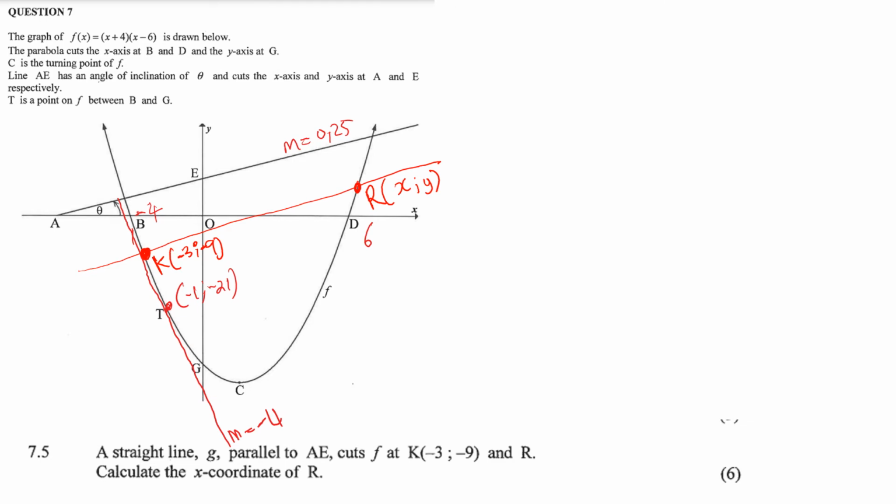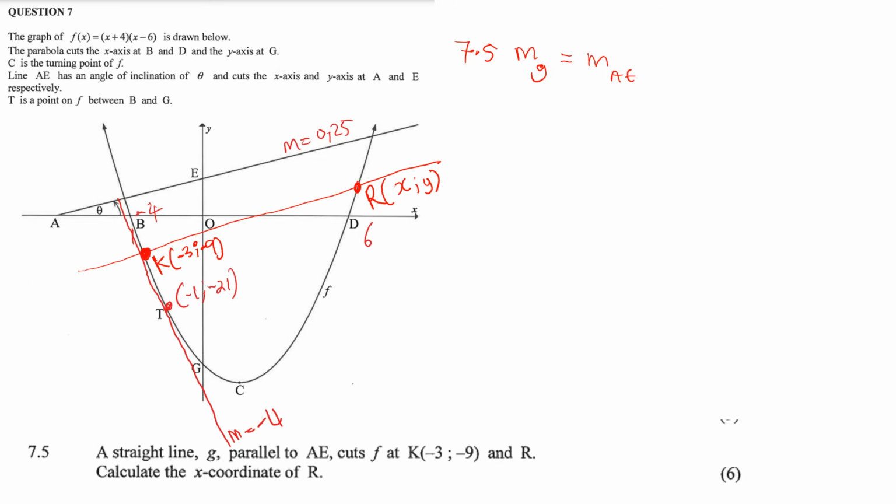We don't have it, right? From the statement that this line is parallel to that one, we can get the gradient of this line G. Its gradient will be equal to the gradient of AE, because if two lines are parallel, then their gradients are equal.